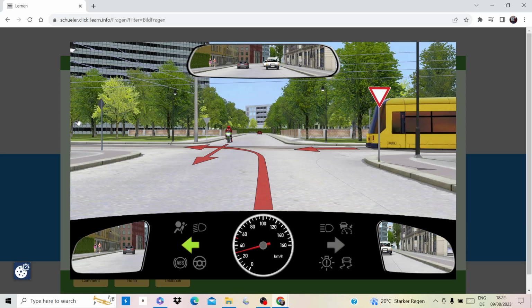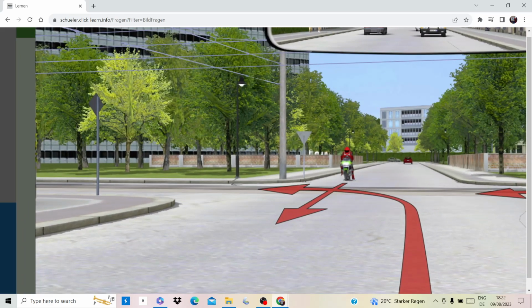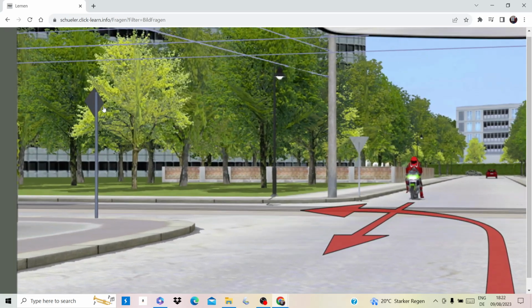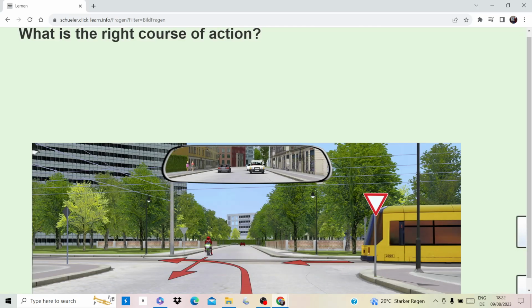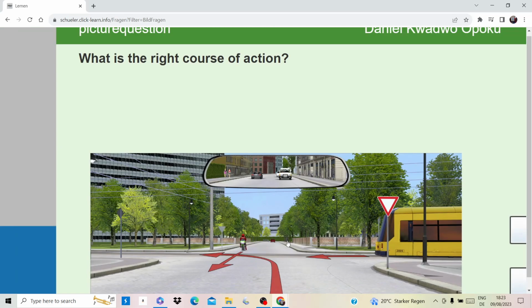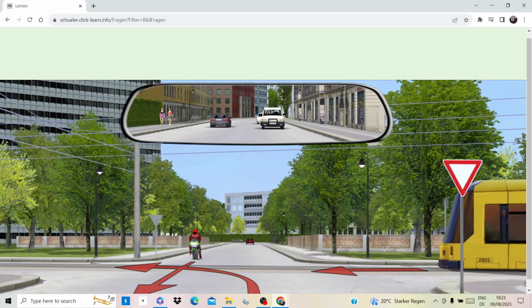If we were to come from this side of the road, from the left side, you see that this one is with a yellow shield. This symbol, you will see that it is yellow in color. It means that this road from here to where the tram is a priority road, and we are not coming from the priority road.